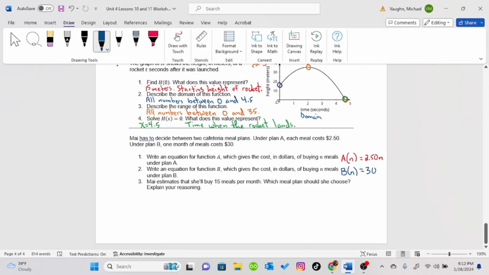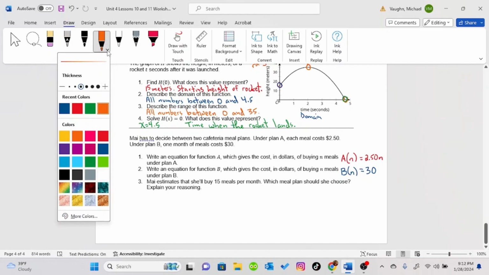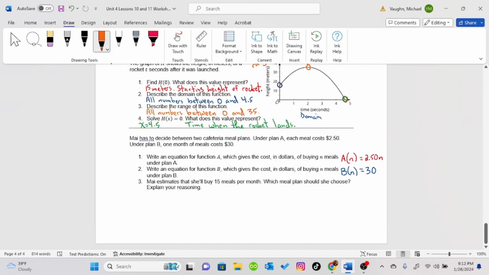So we would just say that it equals 30. And number 3, Mai estimates that she'll buy 15 meals per month. Which meal plan should she choose? Explain your reasoning.